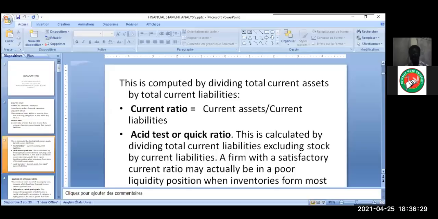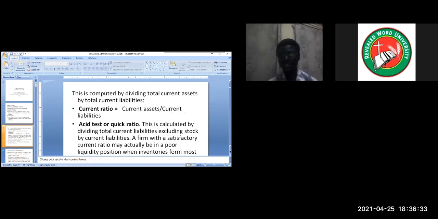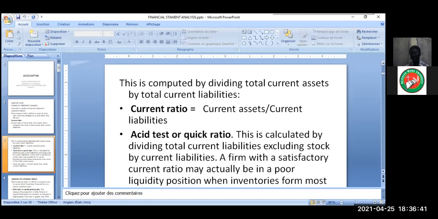One is the income statement. The second one is the balance sheet, or financial position statement. So within those two main statements that we saw, current assets and current liabilities are in which statement? Balance sheet. Balance sheet, very good.